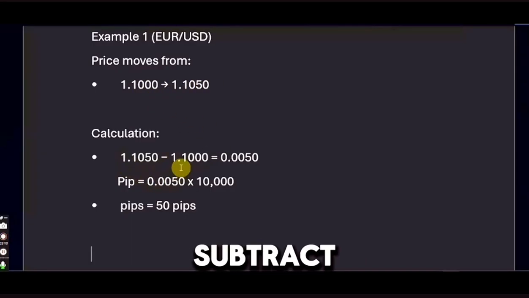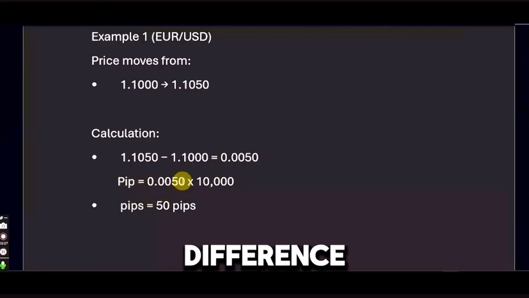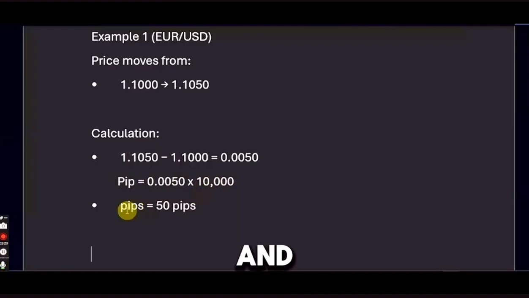We subtract 1.1000 from 1.1050 to give us 0.0050. This is the price difference. So to get our pips, we just use our formula. Pips equal the price difference multiplied by 10,000, and this gives us 50 pips.